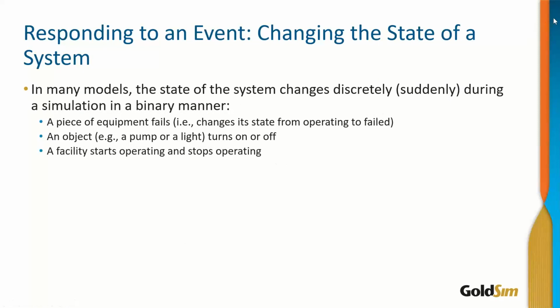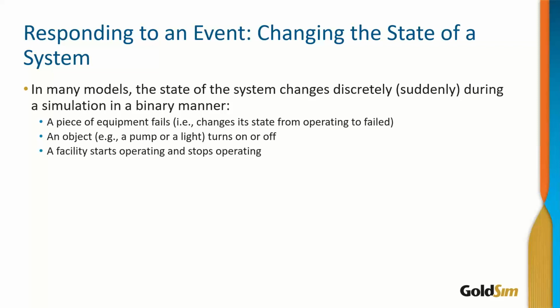So the next thing I want to talk about is probably the most important for these types of models. In many models, the things you're changing, I just talked about adding water or subtracting water, and that happens sometimes. But the most common thing we want to do in water management models is to discretely change the state of the system in a binary manner.